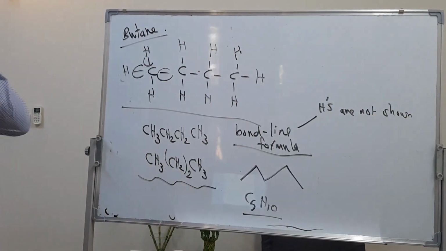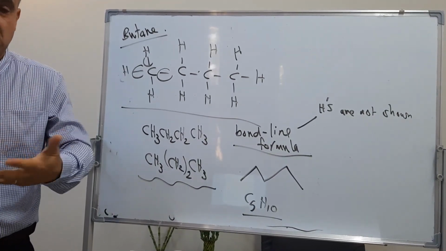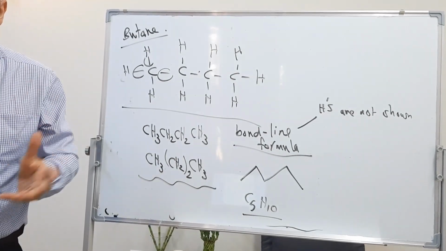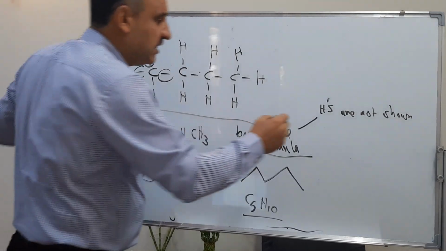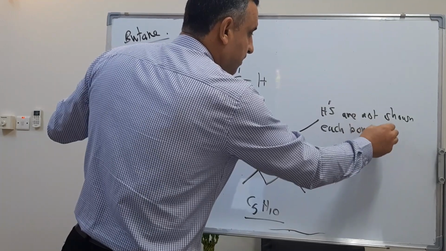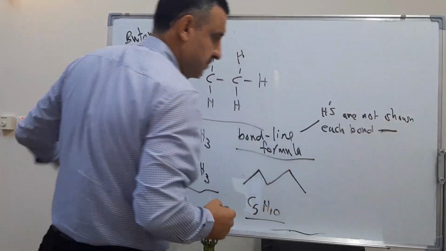Why don't we show hydrogens? We don't need to show hydrogens. It is by default. We will know the number of hydrogens needed to be connected to each carbon. So this is one. Now, secondly, each bond is represented by a line, just a line like this.